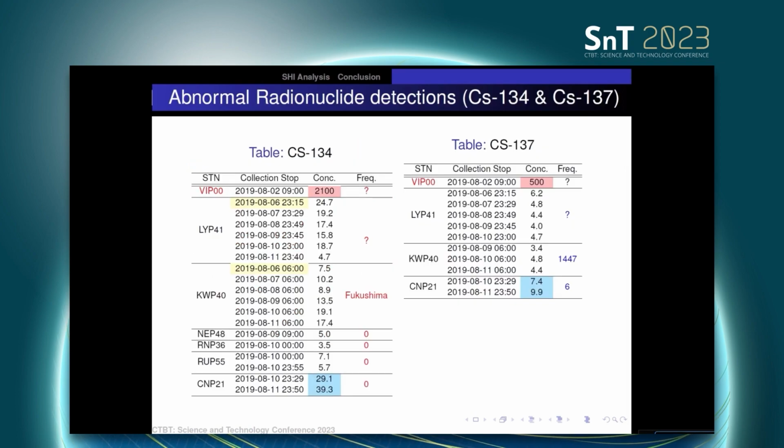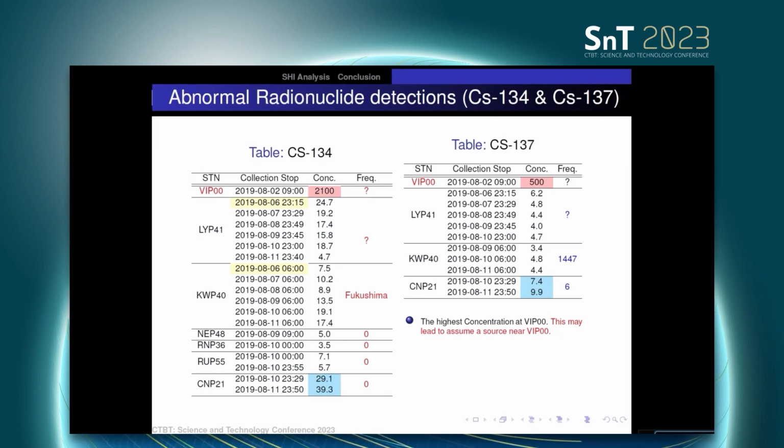In IMS stations, we have some abnormal concentrations of particulate cesium-134 and cesium-137 in 6 IMS stations and 1 station from the national state Istria at Vienna, this one. As you can see, we have a very high concentration of cesium on the 2nd of August.